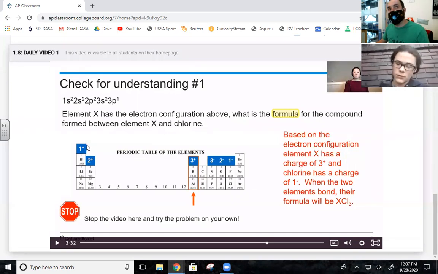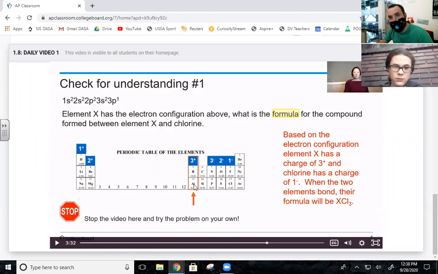So 1s2, so it has 2 electrons. So look, 1s2 has 2 electrons in its first shell. 2s2, 2p2. So the p is here. 3s2 here, and then 3p1 puts us here.